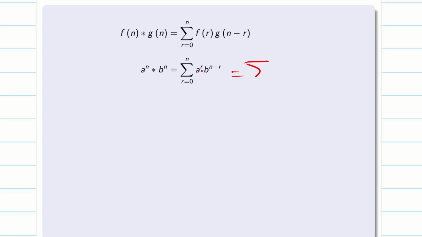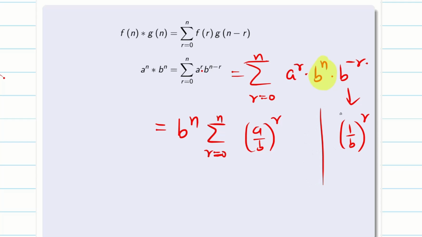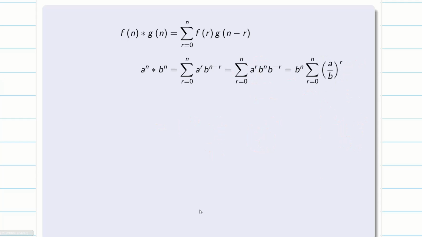Now I can split this into the sum from r equal to 0 to n of a power r b power n b power minus r. This b power n is not connected with the summation, so I can take this outside, and now I can write the remaining as a by b whole power r, because b power minus r is 1 by b whole power r. So combining these two, we get this. I'll show the typed version.